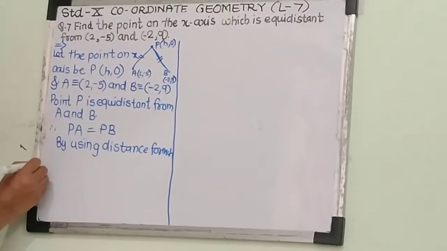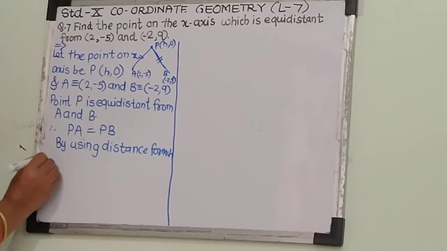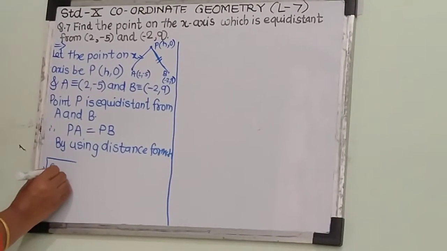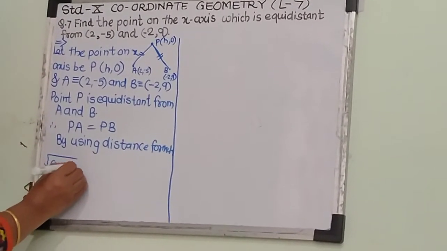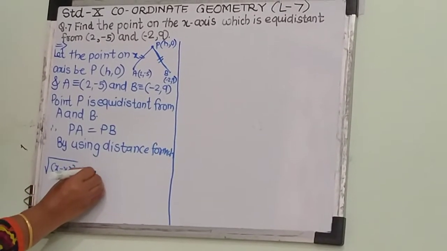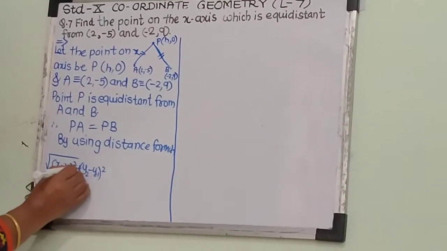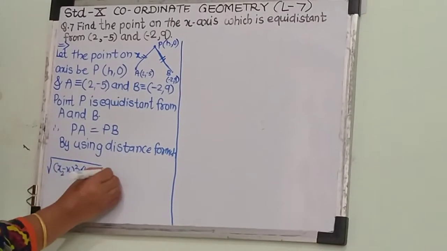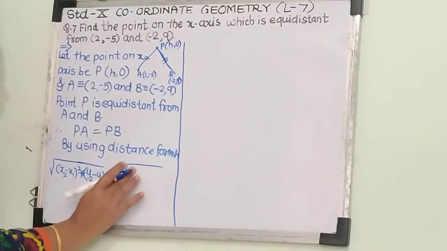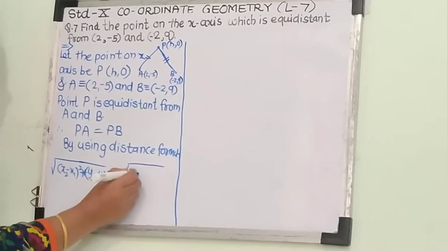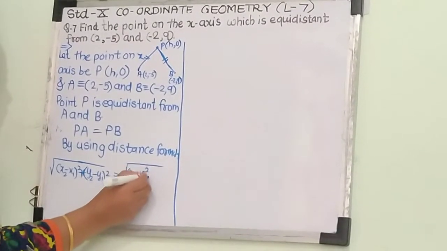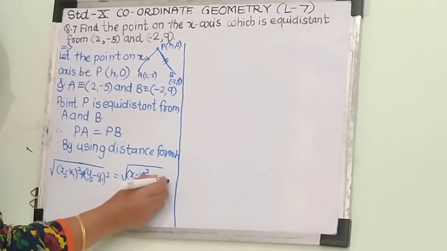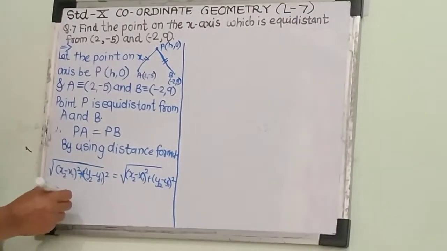We can write for PA the distance formula, that is root of (x2 minus x1) square plus (y2 minus y1) square. Similarly for PB also the same, that is (x2 minus x1) square plus (y2 minus y1) square.